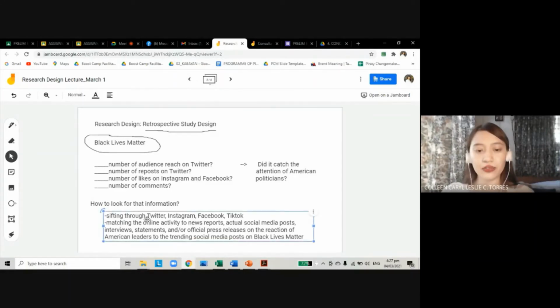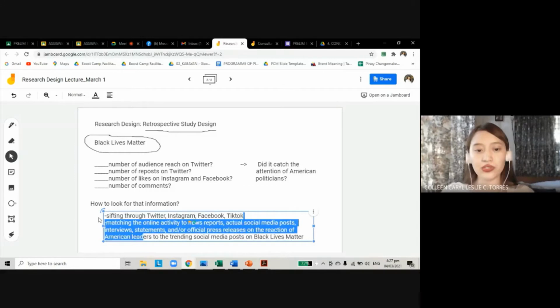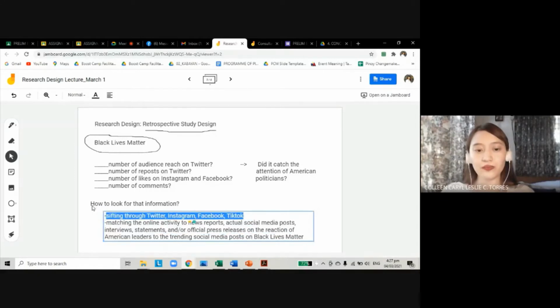So sifting through Twitter, Instagram, Facebook, TikTok, and matching the online activity to news reports, actual social media posts, interviews, on the reaction of leaders to the trending social media posts. So yes, this is the example. Let's just use that.